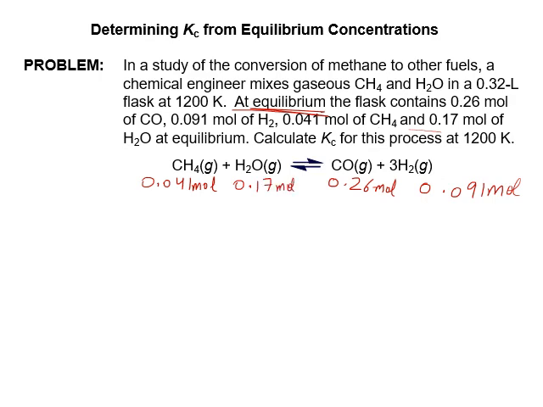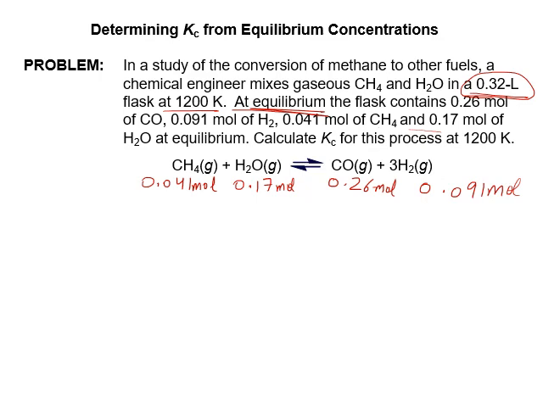So this is what we have. Other information it tells us is that the temperature is 1200 Kelvin and the volume of the flask is 0.32 liters. Now the question is asking to calculate the Kc at this given temperature.